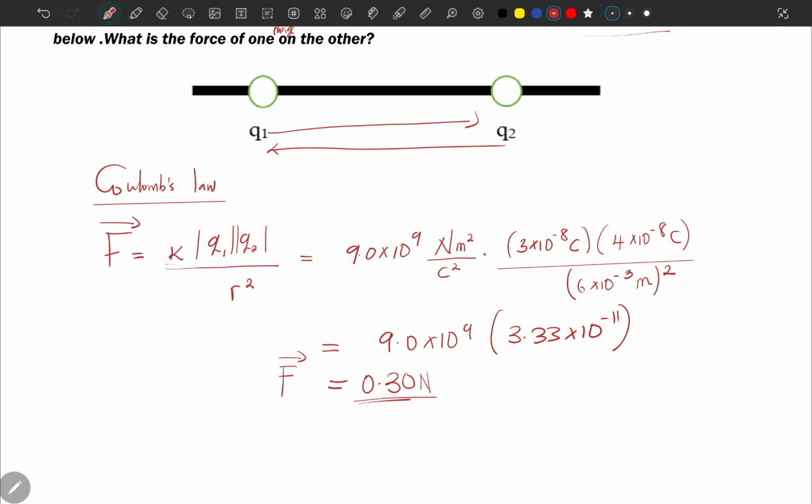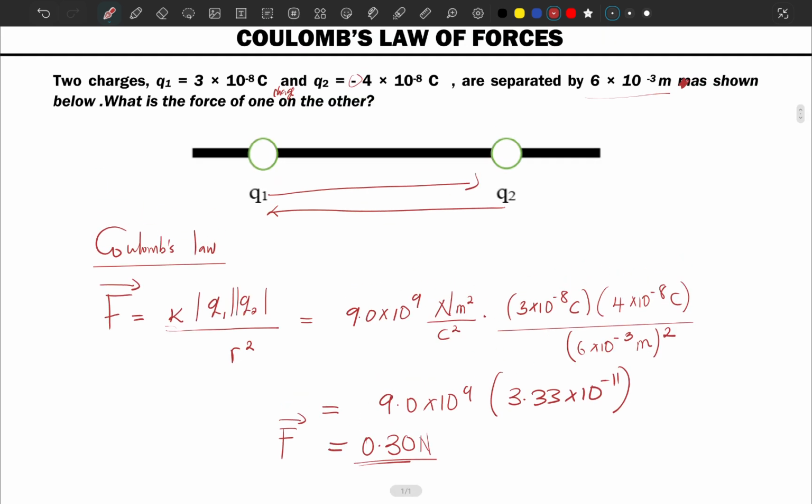So this is the force that each of these charges is exerting on the other. But one thing that you need to understand is that Q1 is positive and Q2 is negative. Do you know what that means? This means that the force is directed from one to the other.